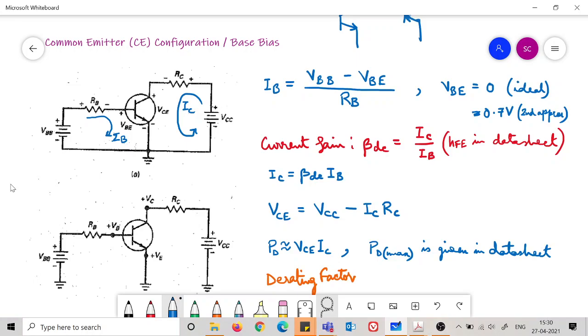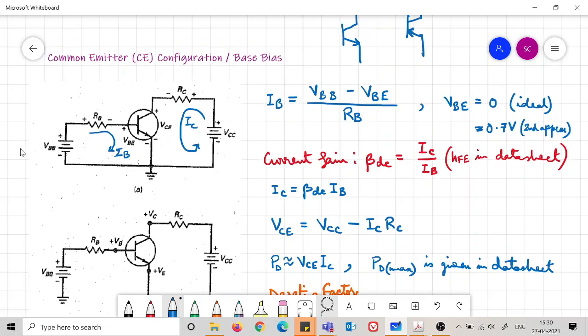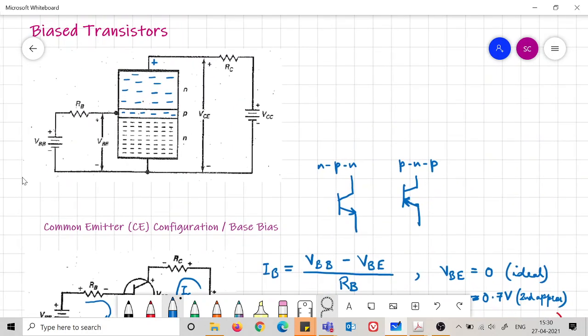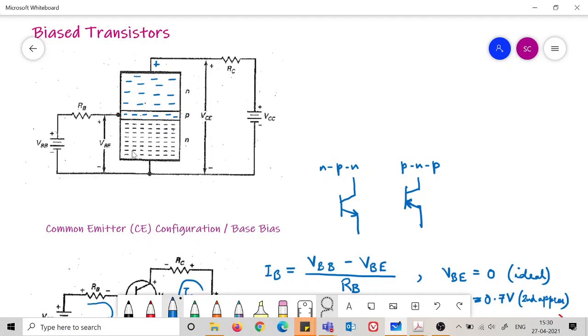Here I should mention that RB is very high, because we wish to have IB very small. I forgot to mention that in this configuration there were two routes for the majority carriers. One was through the RB resistance in the base circuit and another through the collector in the collector loop.